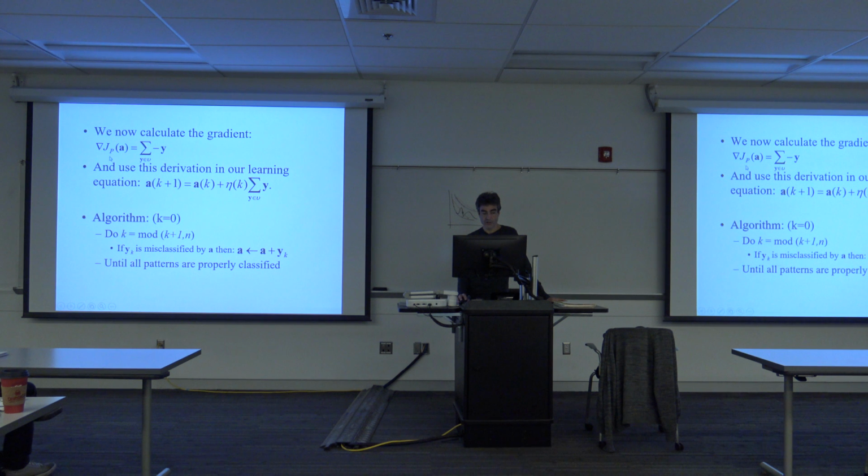We take the derivative with respect to the parameters, which is A in our case, and we obtain negative Y, right? So that's our gradient that we add here, and that's the function that I want to use. So this is a simple algorithm for the perceptron, right? The new A is the previous A plus that increment that I'm going to add here. Okay?